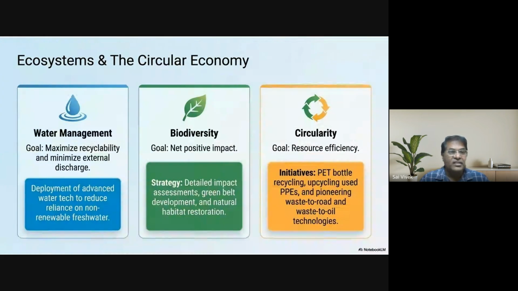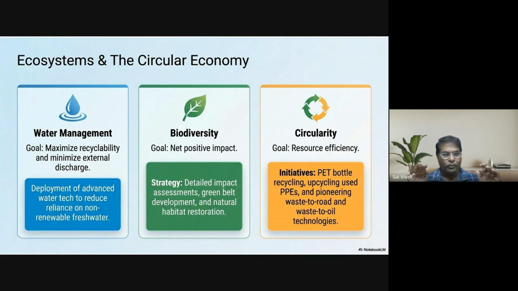Similarly, ecosystems and circular economy: water management, biodiversity, and circularity. So maximizing recyclability by using advanced water technologies, and biodiversity to create a net positive impact. Net zero is striking a balance between the total emissions produced and sequestering them, or removing them from the atmosphere.